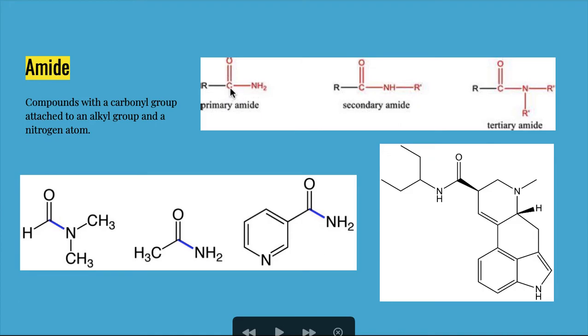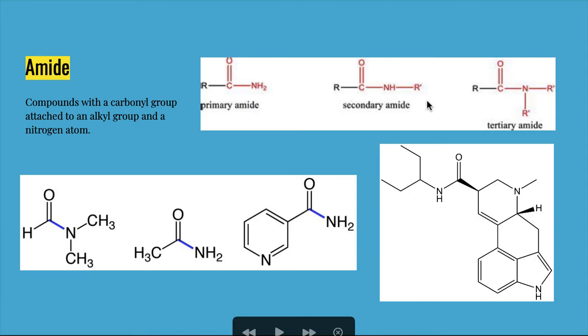So you can see over here, there's a carbonyl group, alkyl group, and then the nitrogen. This is primary because nitrogen is only connected to one carbon. Here's a secondary where it's connected to two carbons, or really two R groups. And here's a tertiary one where it's attached to three R groups.